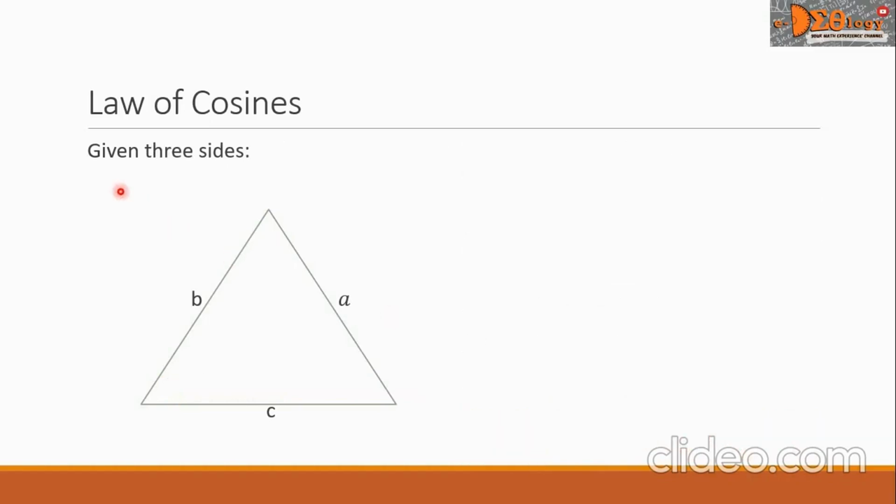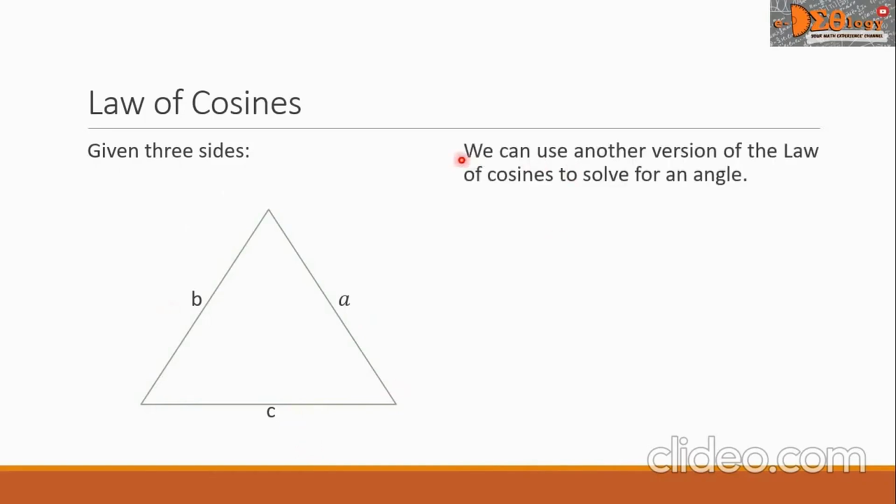Now, another triangle given three sides, as described by this triangle whose sides are A, B, and C respectively. We can use another version of the law of cosines to solve for an angle. Suppose we want to get angle A, we will use this formula: cosine of angle A equals B squared plus C squared minus A squared all over 2BC.